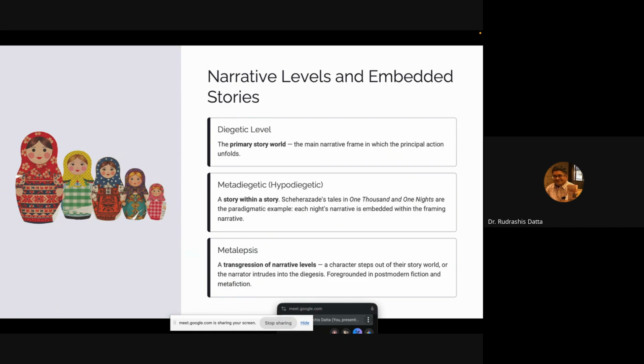A secondary level narrative is like a story within a story. That is how most epics, for example, they are narrated.